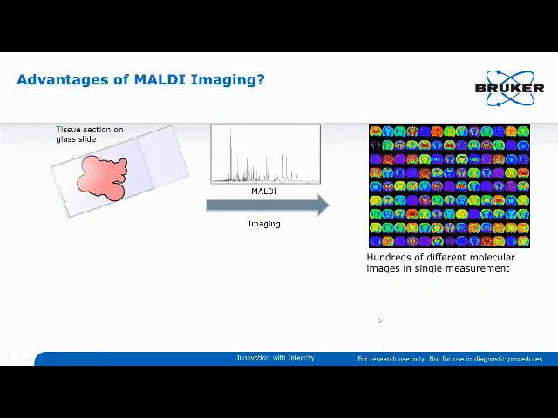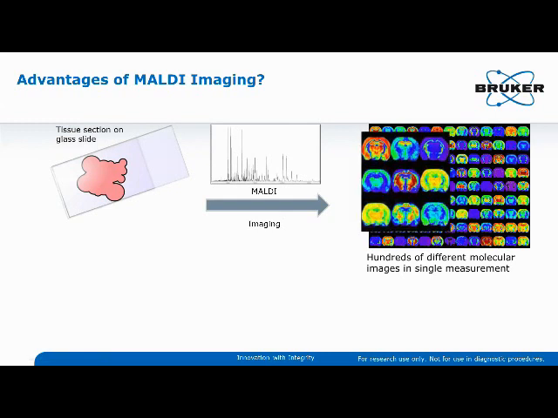And so that brings a number of advantages to the table. If we zoom in a little bit, you get a little better detail of this panel. Here I'm showing 9 different molecules and their distribution throughout this rat brain section. Because it is a mass spectrometry technique, we do have the specificity of mass spectrometry.